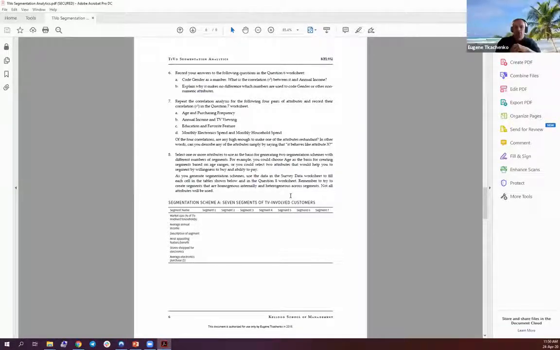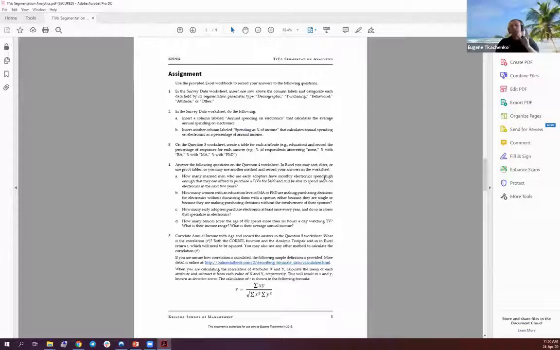Then the second one was to make you think: we have this survey data structured in this way. How can I, from that structured or unstructured data, make impactful recommendations for my particular business or for the business which was presented in this case?